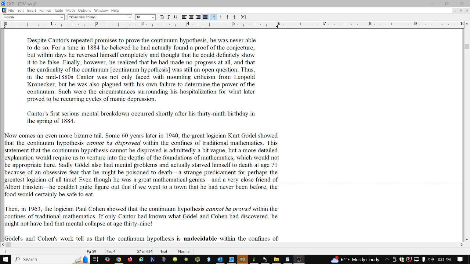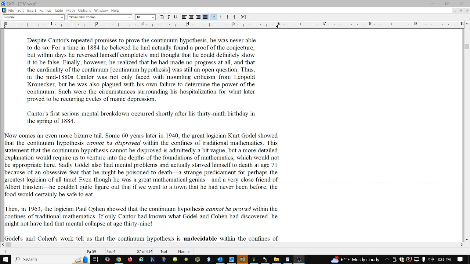But in any case, his great contribution, one of many, was that the continuum hypothesis is consistent with the basic notions of traditional mathematics, so it can't be disproved.